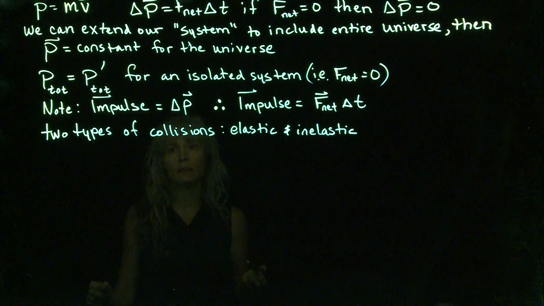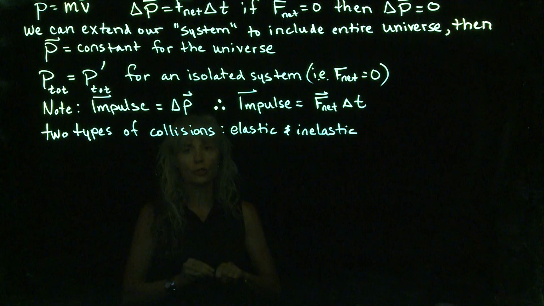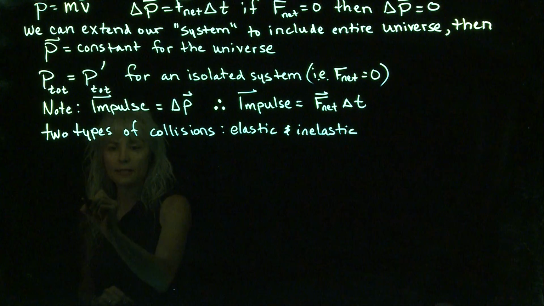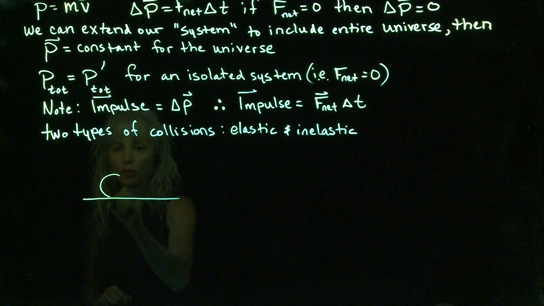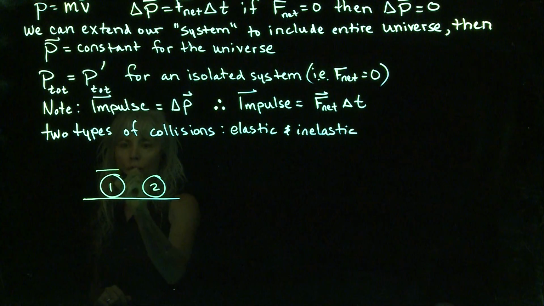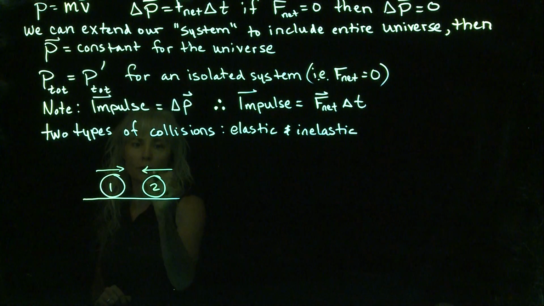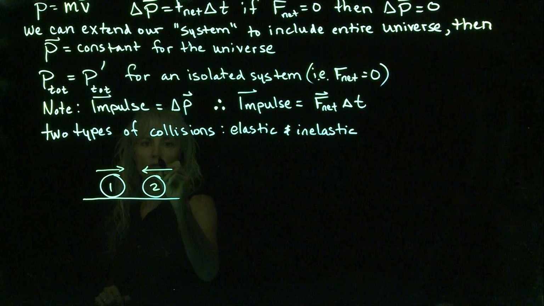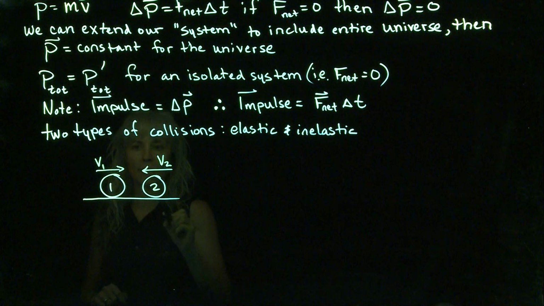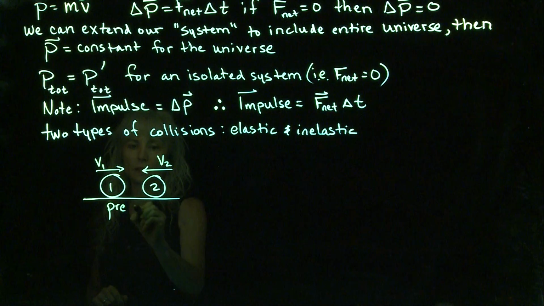When two objects collide with one another, they are exerting forces on one another. So let's say that we have two objects, object 1 and object 2, that are colliding with one another. Object 2 has some initial velocity, object 1 has some initial velocity, so this is pre-collision.